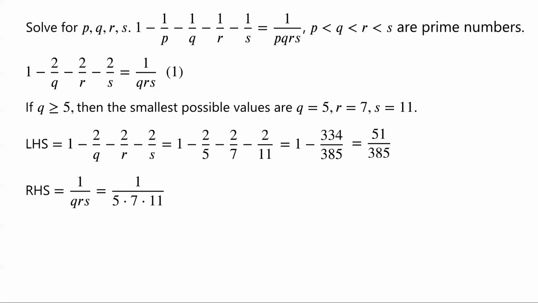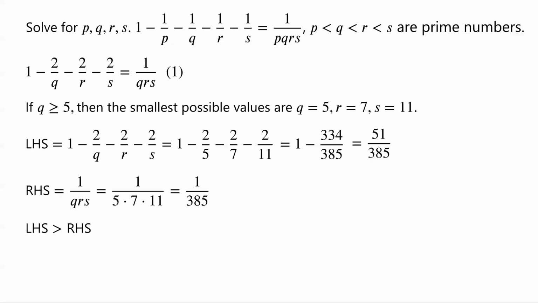The right-hand side of equation 1 equals 1 over 5 times 7 times 11, which is equal to 1 over 385. Clearly, the left-hand side of the equation is larger than the right-hand side.